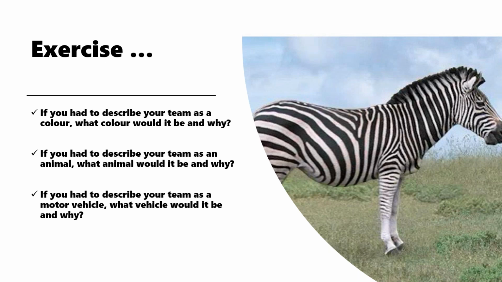Then I asked them, if you had to describe your team as a motor vehicle, what would it be and why? And this was fascinating because the key one, it was an Australian company, they came up with a Holden. And I said, why?